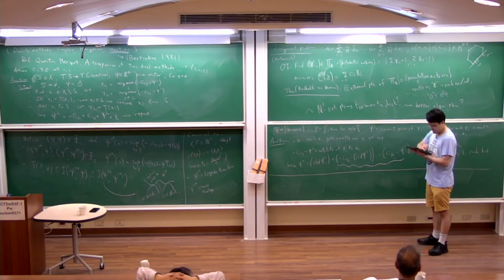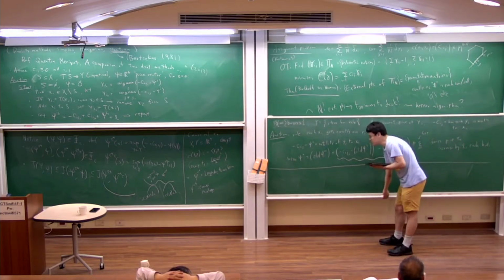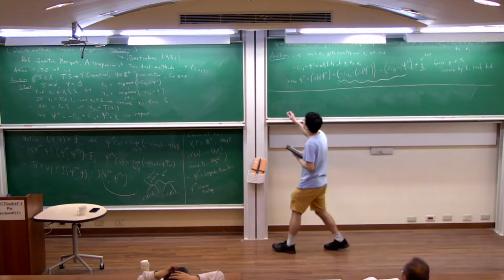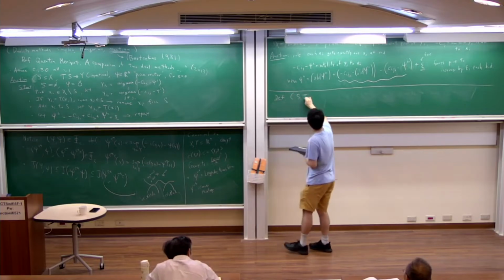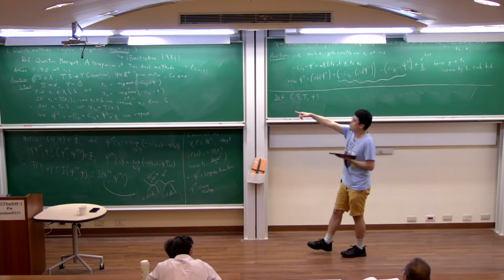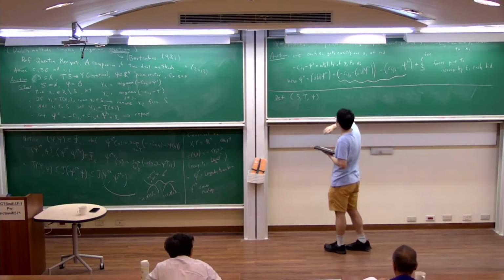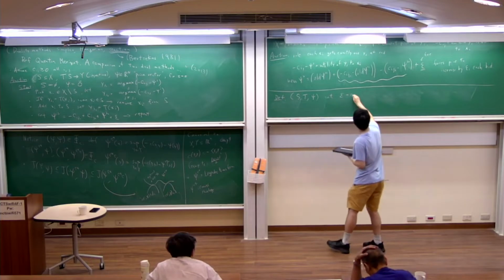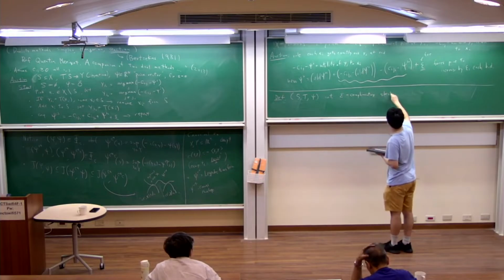So now, let's try to analyze this algorithm a little bit. Let's say the following definition. If I have a triple, as in this auction algorithm, we say that this triple satisfies epsilon complementary slackness.